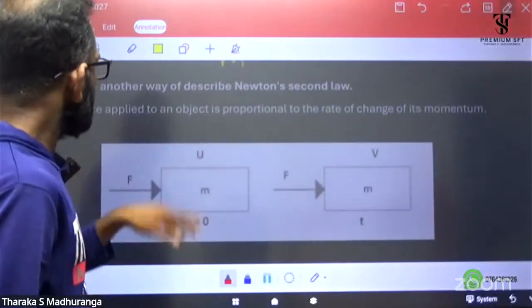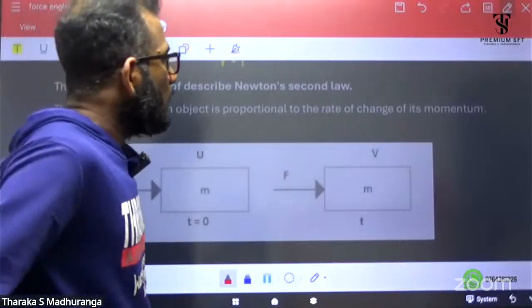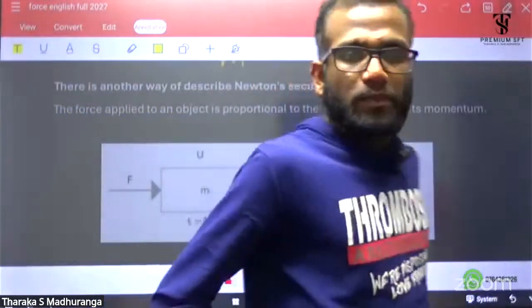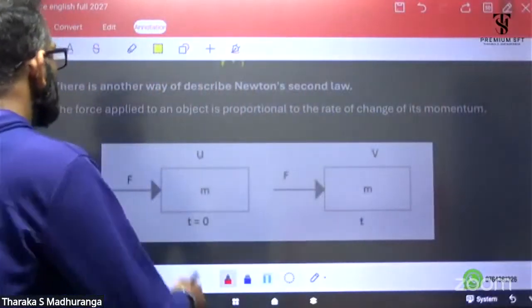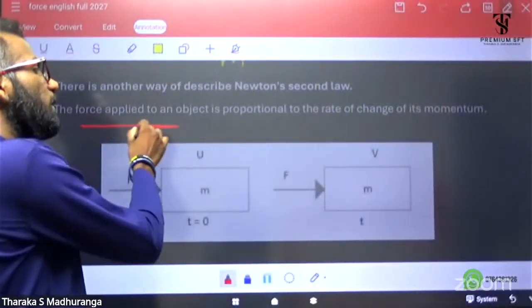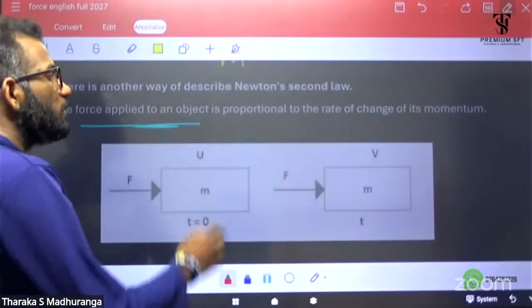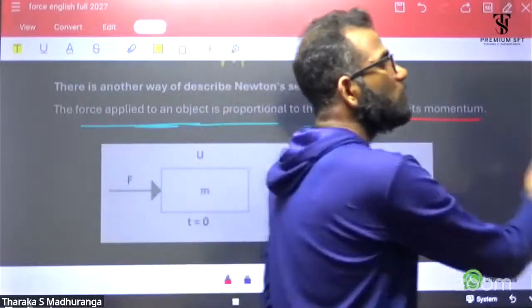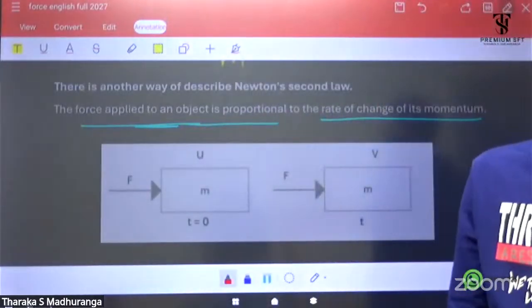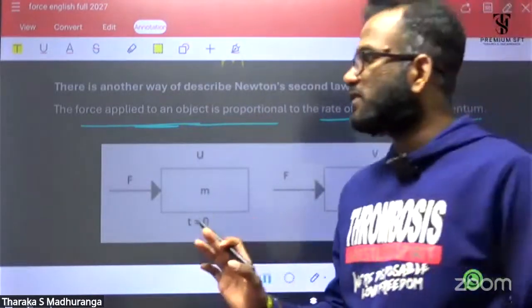Okay, the force. According to momentum, if we think of the unbalanced force applied on an object, it is proportional to the rate of change of momentum. Very important sentence.